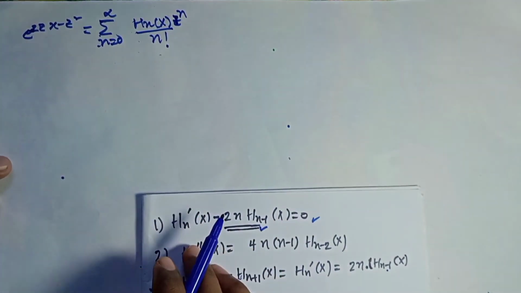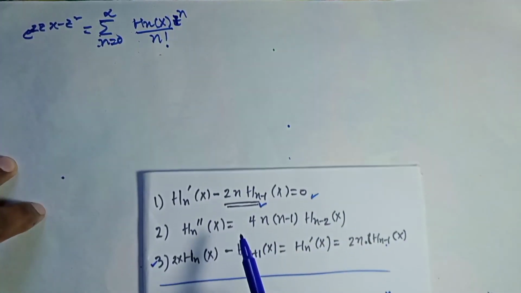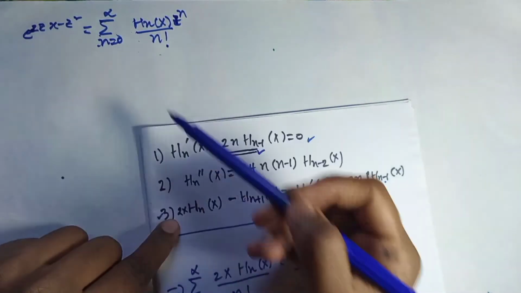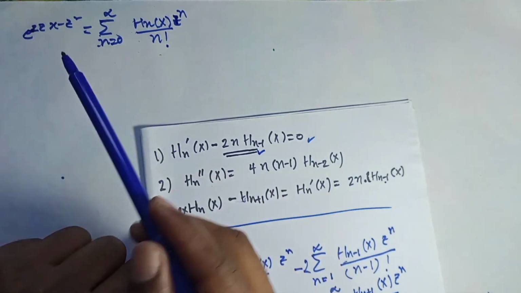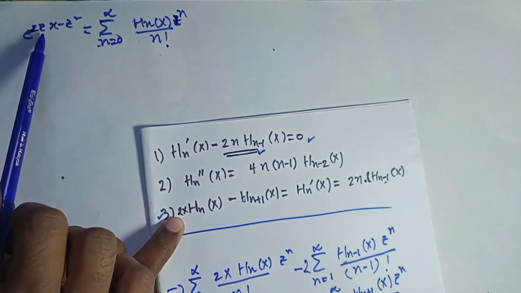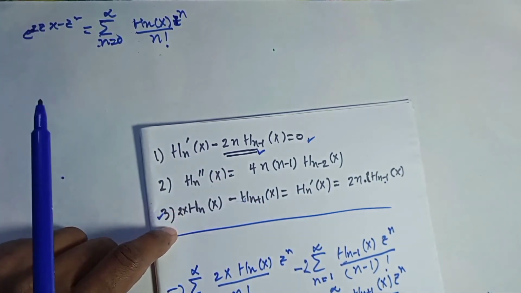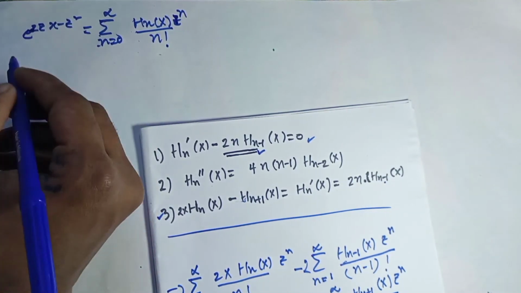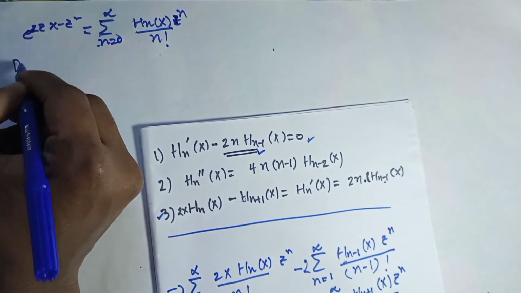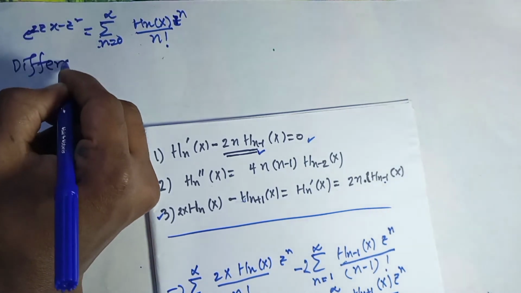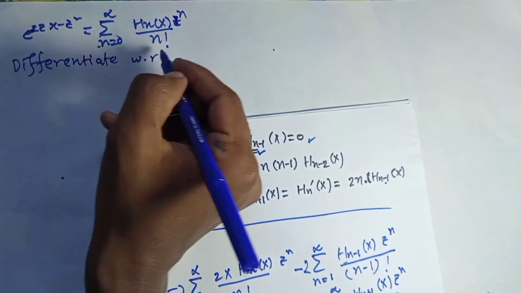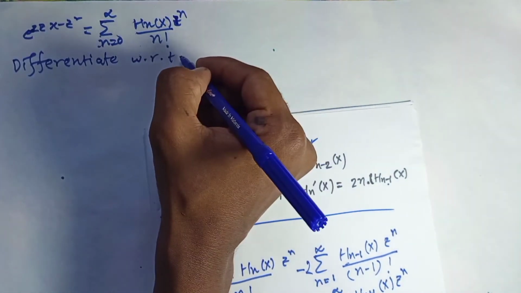Now we differentiate this with respect to z, because here we see 2x. If we differentiate this with respect to z, we get 2x in a term.